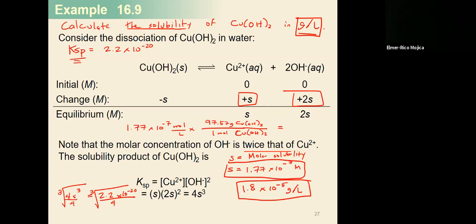So you just did two types of calculations in solubility. One, given the molar solubility, you got the KSP. And the other one, given the KSP, you're asked for the solubility.